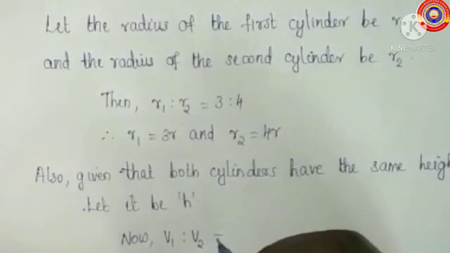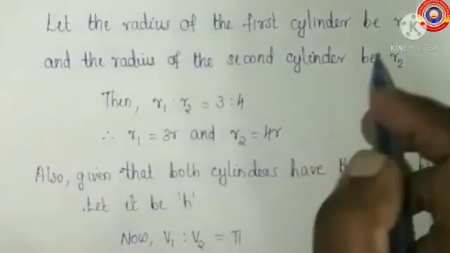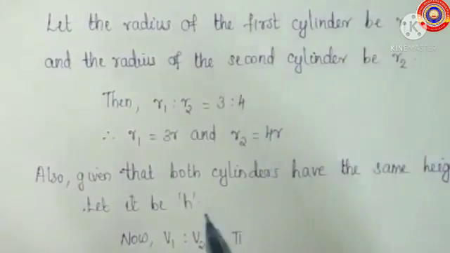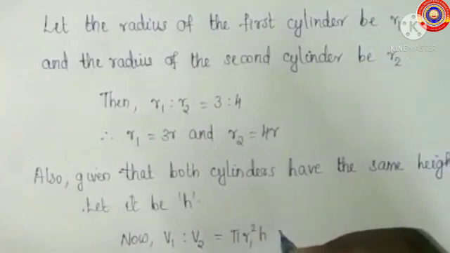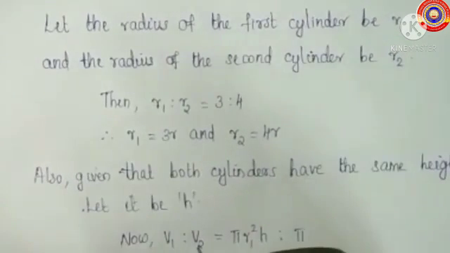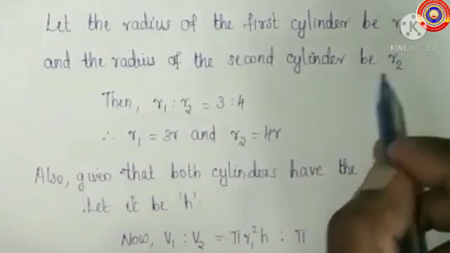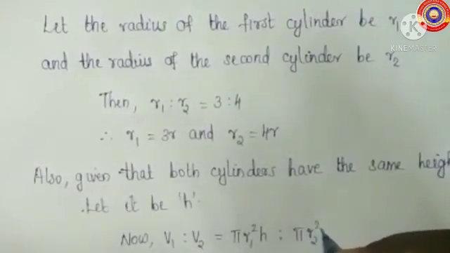So V1 is to V2 is equal to, what is V1? Pi R1 square h. Okay. So pi R1 square h is to pi into, for V2 we have to use R2 and the common height h. So R2 square h.